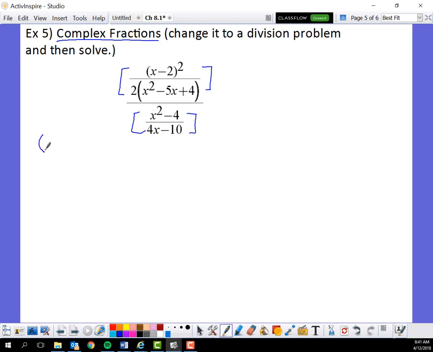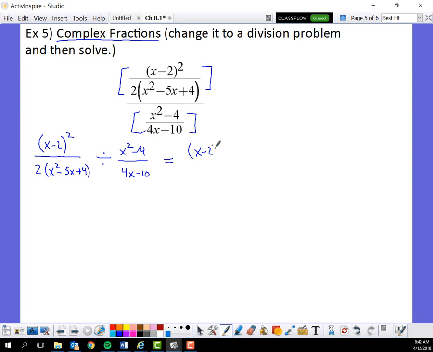Okay? So if I rewrite that, I have x minus 2 quantity squared all over 2 times x squared minus 5x plus 4 divided by x squared minus 4 over 4x minus 10. So we know from our previous example that we did that division, fraction division, is the same as multiplying by the reciprocal.